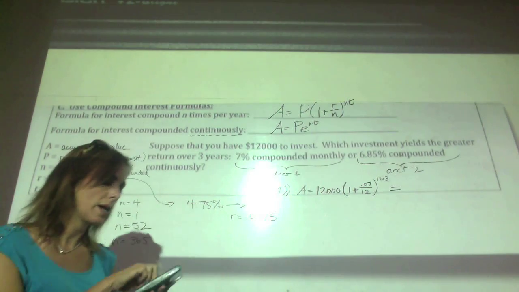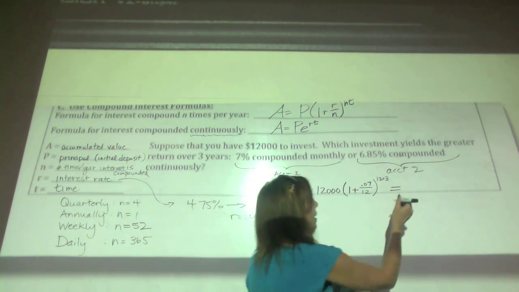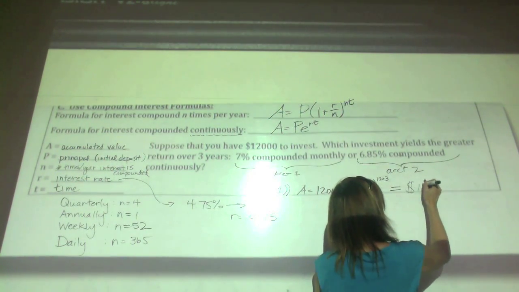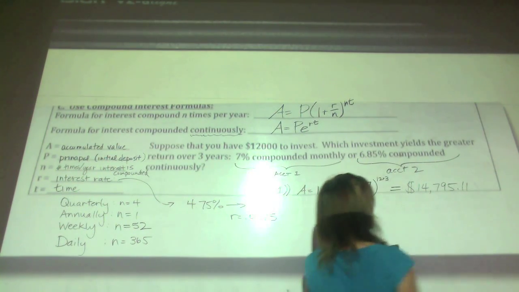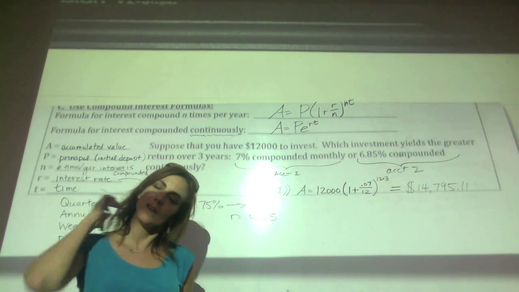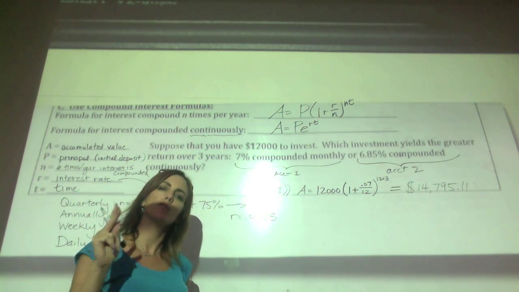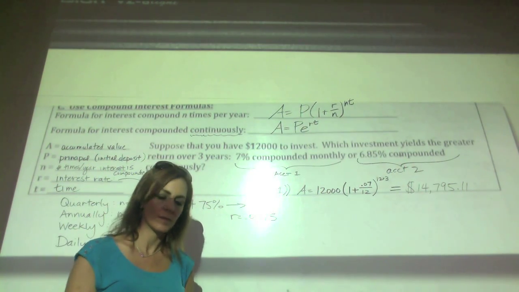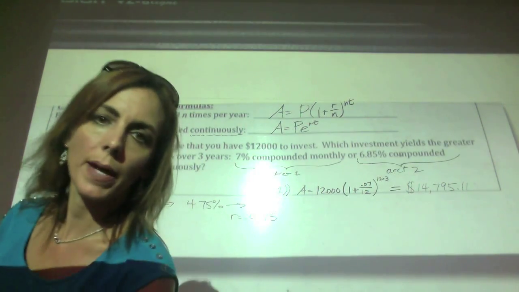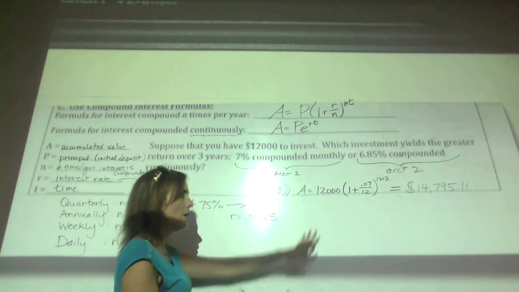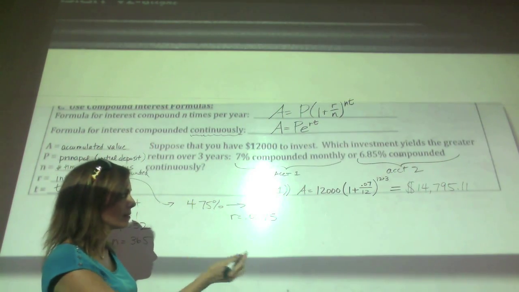So it looks like we get about $14,795.11. When we're talking about money, we always use 2 decimal places. I don't carry around fractions of pennies with me, so always dollars and cents.